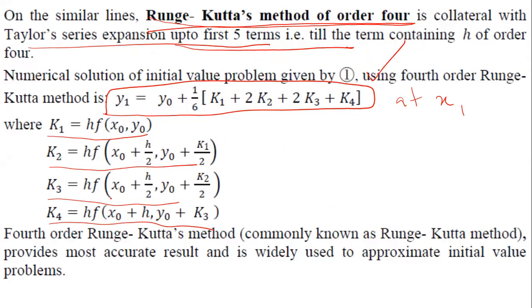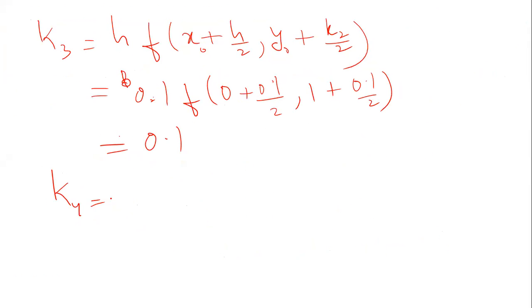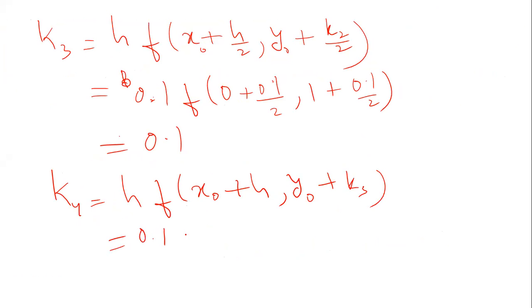h f(x0 + h, y0 + k3). h is 0.1, x0 is 0, y0 is 1, right? k3 is 0.1.